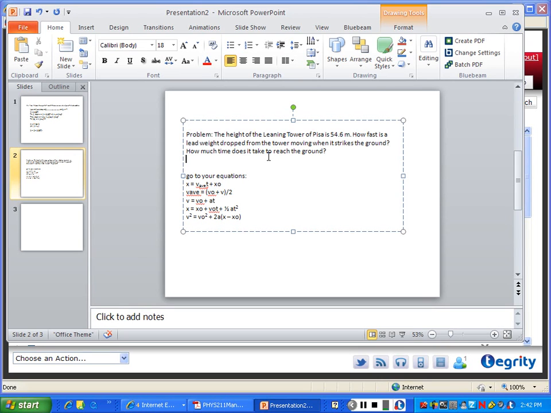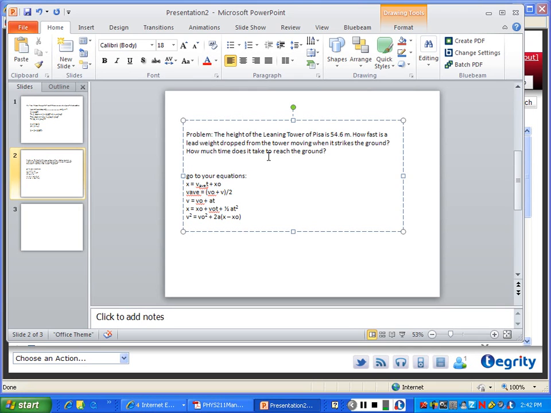We could designate the ground as a 0 point, or we could designate where the object starts as our 0 point. It won't make any difference in the time it takes, and it's only going to make a difference in the direction of the velocity.